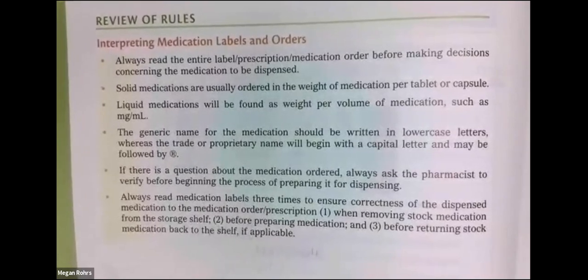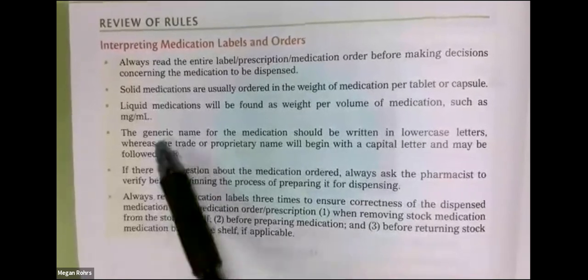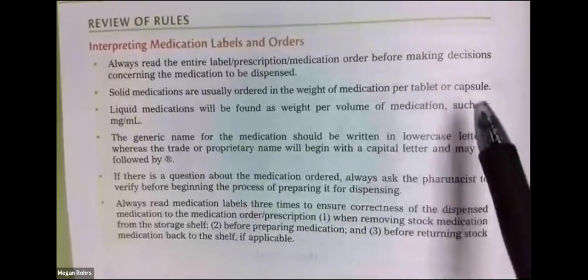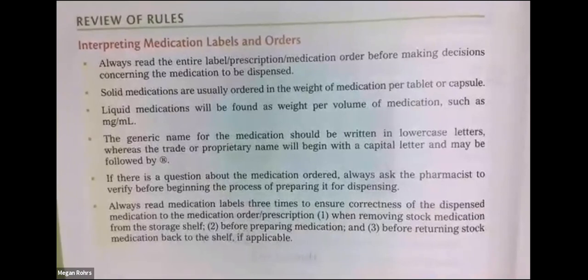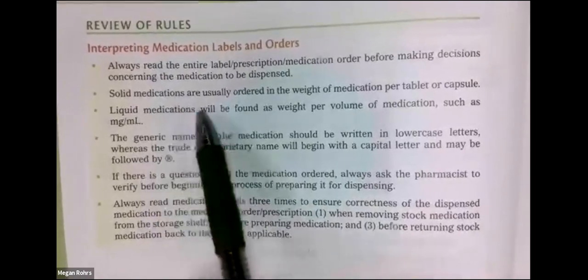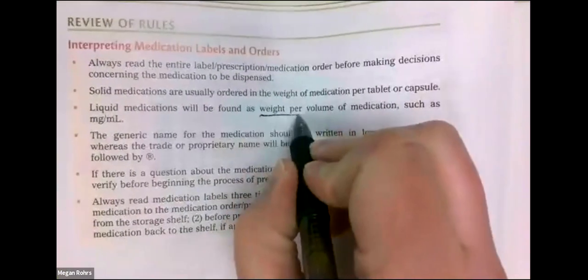So read thoroughly before you do anything. That's why I always have you read your labels before you start. Solid medications are usually ordered in the weight of medication per tablet or capsule, so usually we'll see milligrams or micrograms, whereas liquids are going to be found as weight per volume.